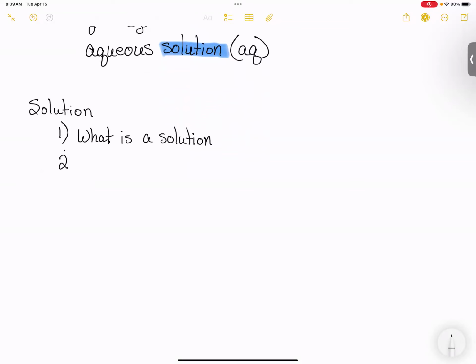Number 2, we're going to talk about how we, let me rephrase, how we describe the concentration of a solution.